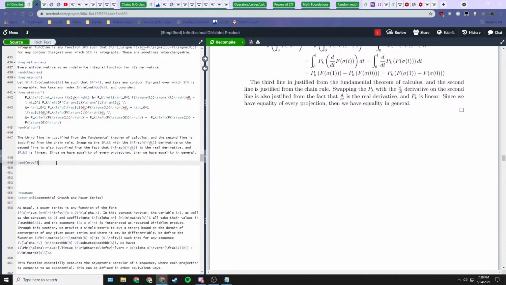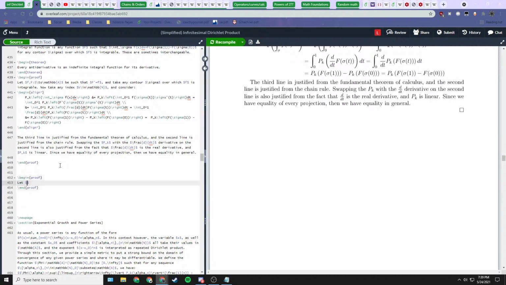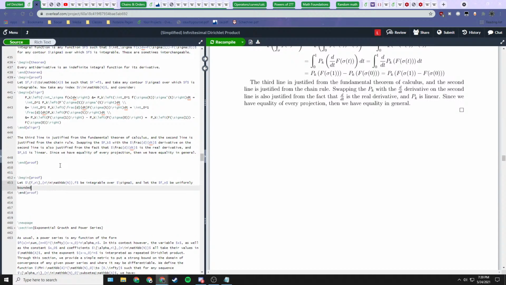So okay, let f sub n be a sequence of functions and f be integrable over sigma, and let the f sub n be uniformly bounded and have f sub n go to f pointwise.